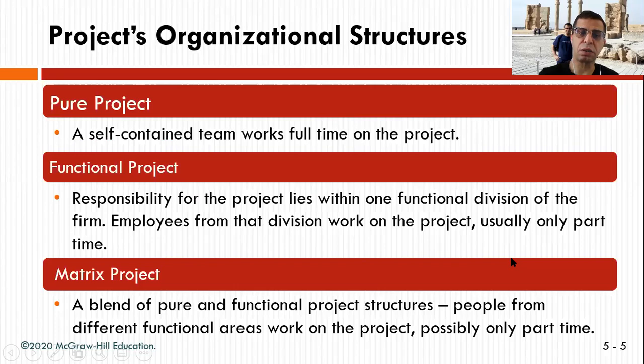So for the project itself, there are three types. There is a pure project, which is a self-contained team working full-time on the project. These are a team who do nothing else but deliver the project.